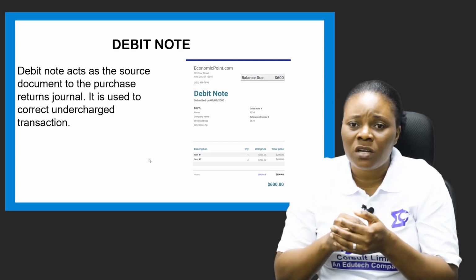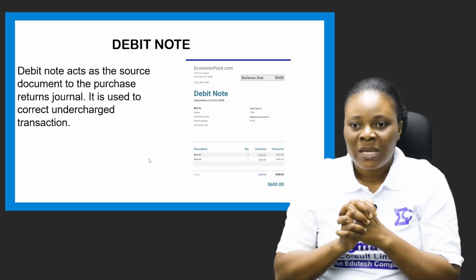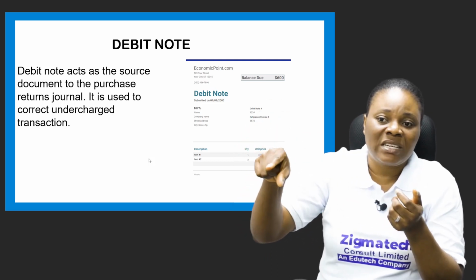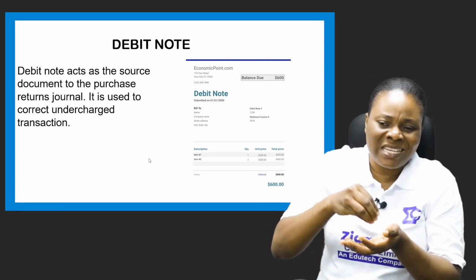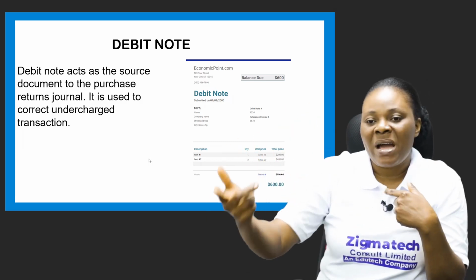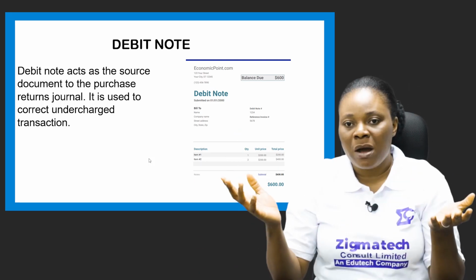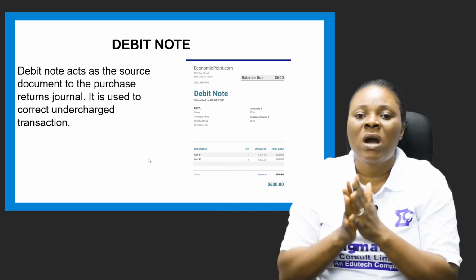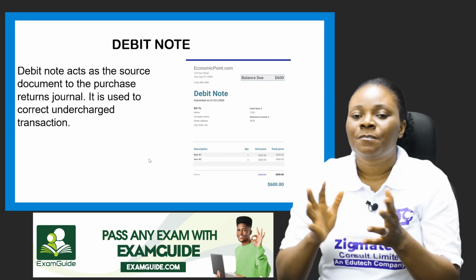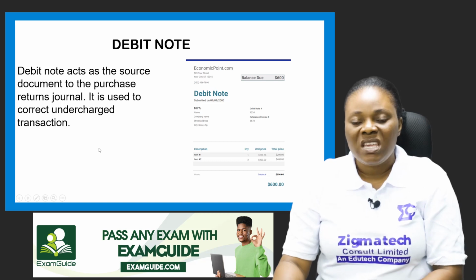To correct such a transaction, a debit note of 300 naira will be issued. Let's assume that one item was skipped, which cost that 300 naira. So the item will now be stated with its price. This will be sent to the buyer of such product for him or her to do what? To balance the amount, because you've already received the goods, so you have to pay for it. So the debit note is used to correct what is called an undercharged transaction, that means when you are given below the actual price on your invoice.